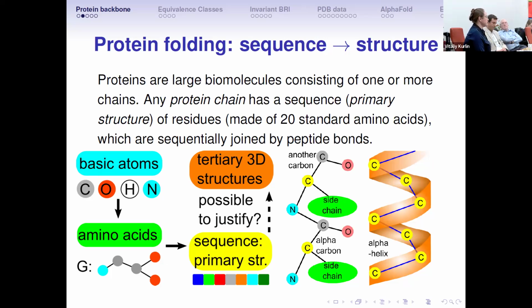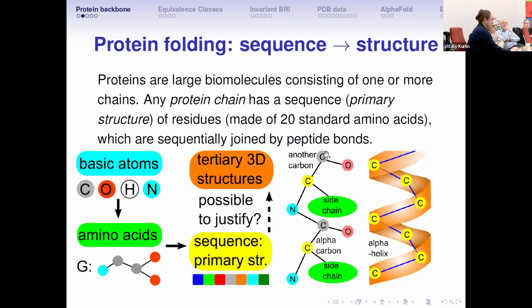From just that sequence, we would like to find the geometric information with all the possible details of the 3D structure. That is the problem that deserved a Nobel Prize for chemistry a couple of years ago. But we will try to explain what is still left in this problem and how to tackle it systematically.